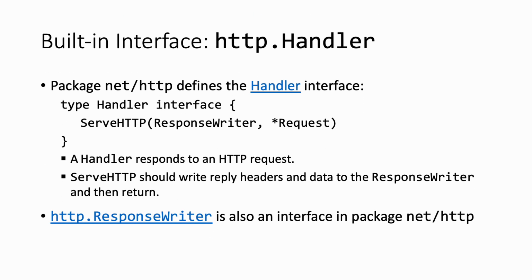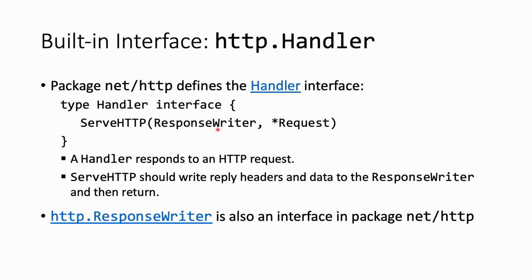The Handler type used in the ListenAndServe is a built-in interface defined in package net/http. Here is its definition. The http.Handler interface has only one method named ServeHTTP, which takes a ResponseWriter and a pointer to Request as arguments.